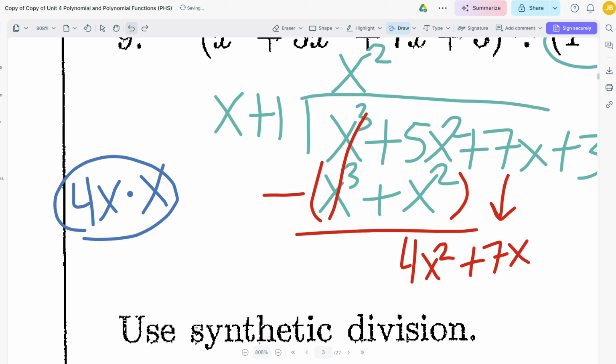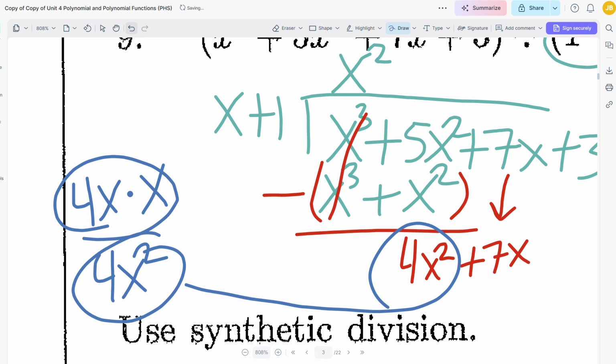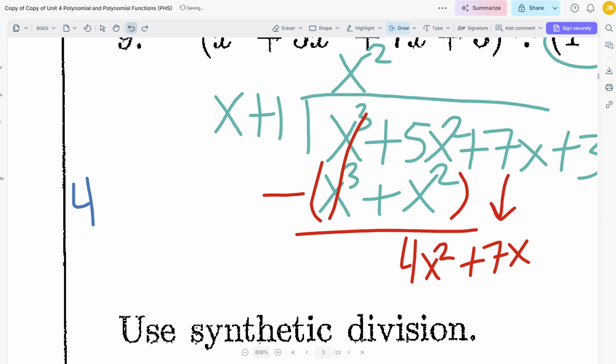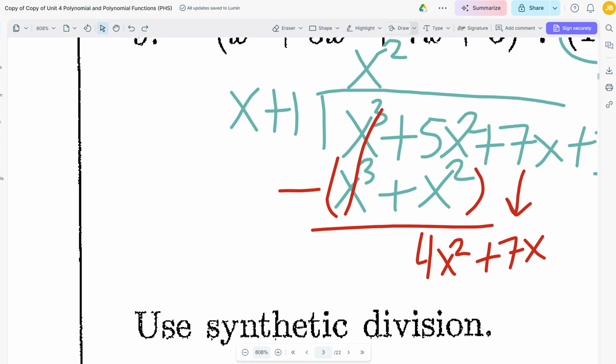And if you multiply this, you get 4x to the power of 2, which matches what we're trying to make right there. So let's go ahead and multiply by 4x. Since it's positive 4x, you're going to put plus.